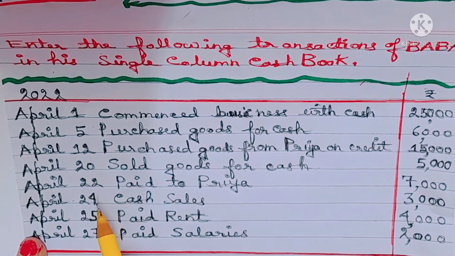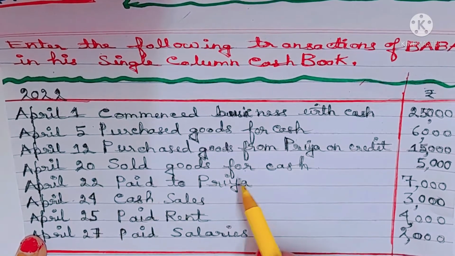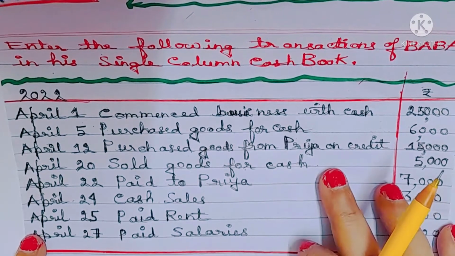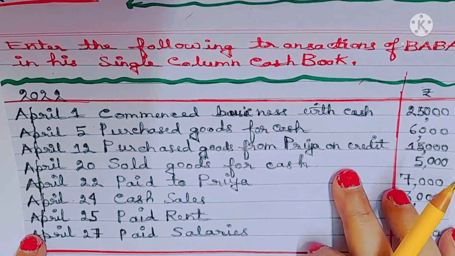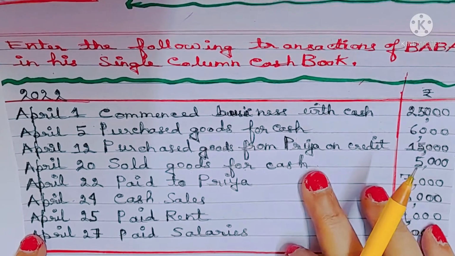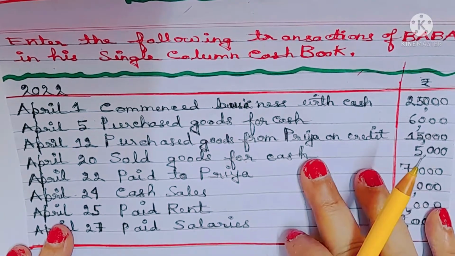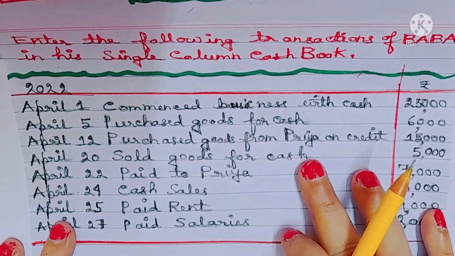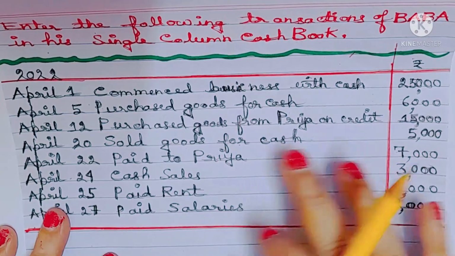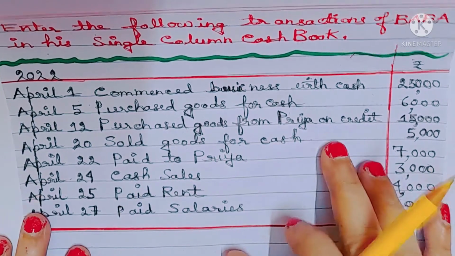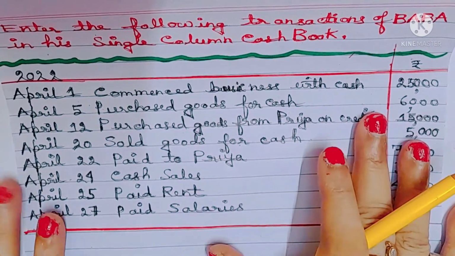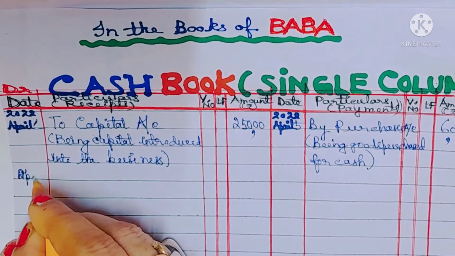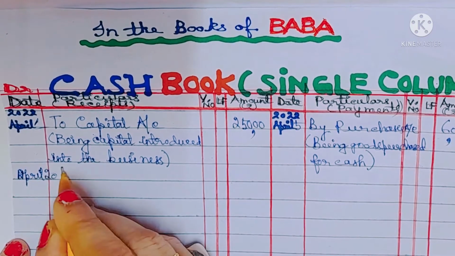The next transaction is on 20th April, sold goods for cash 5,000. So what will be the journal entry? Cash account debit to sales account. What is the position of cash? Since we are preparing cash book, we'll look from the position of cash book. Okay, since cash account is on the debit side, sales will be on the debit side as well. 5,000. So let's write 20th April, to sales account.